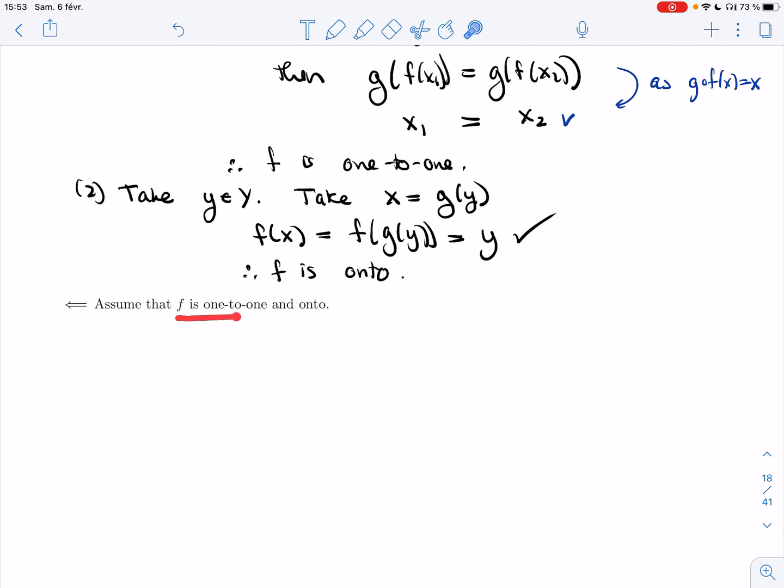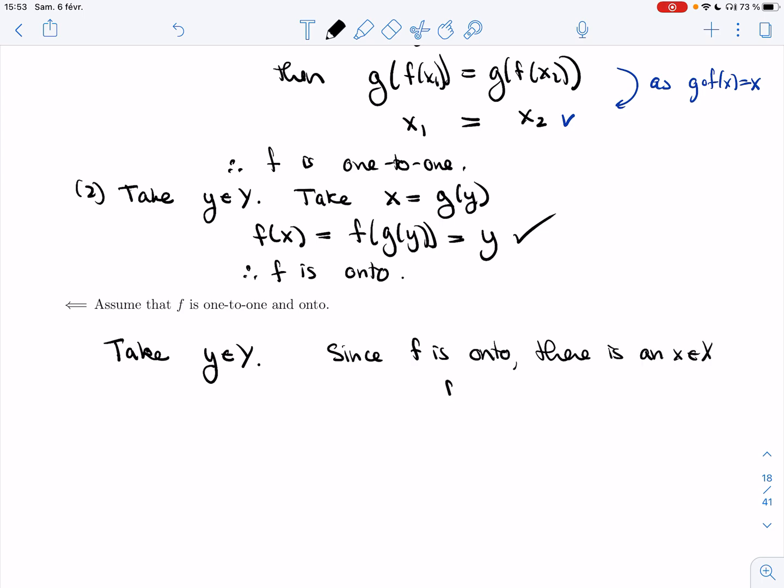I'm going to assume that f is 1 to 1 and onto, and I'm going to build an inverse. So take y in Y. Since f is onto, there is an x in X so that f of x is y. And so we're going to define g of y to be x.